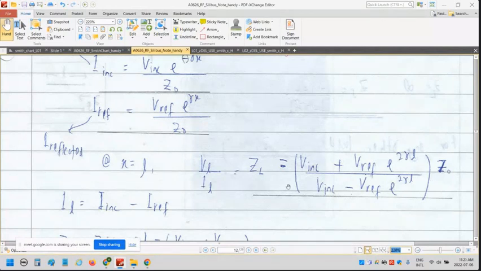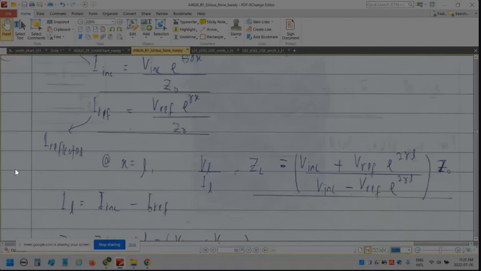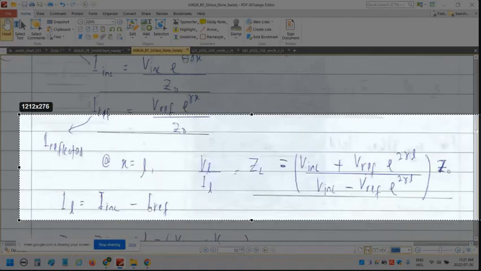This one is in brackets, which means that they are multiplied by the Z naught here. And then the I at the L location equals I incident minus I reflected, REF. REF here stands for reflected.